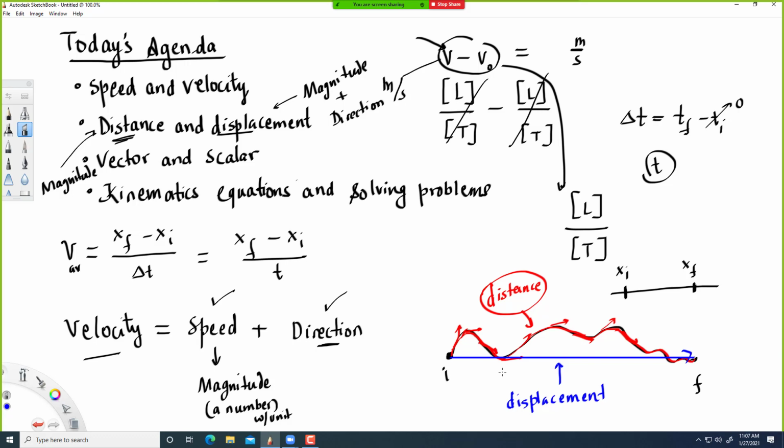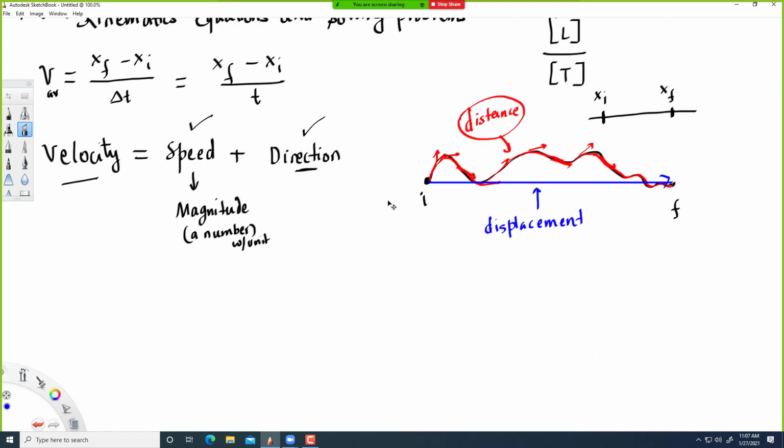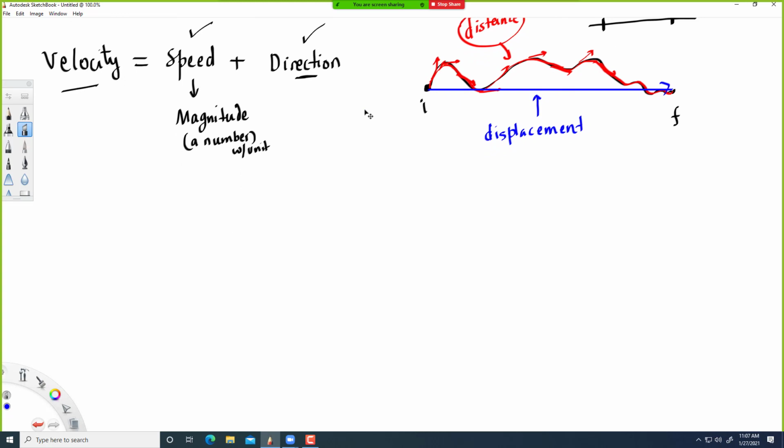Now there are terms that we use in physics to denote the quantities that have both magnitude and direction, and also the quantities that have only magnitude. They are called vectors and scalars. So first talk about scalar. So let's just say scalar quantities.